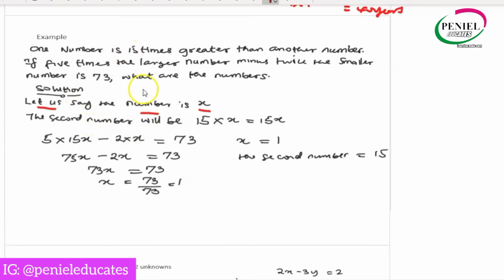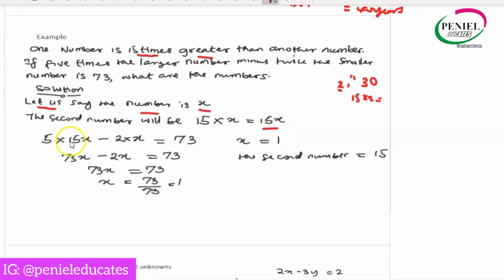Then the second number, because it's 15 times greater than the other number, is going to be 15x. For example, if the number is 2, the second number will be 30, so 15 times 2. So that is 15x.